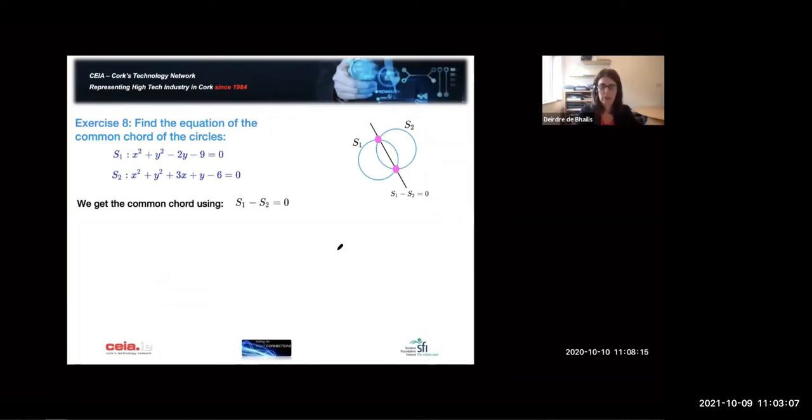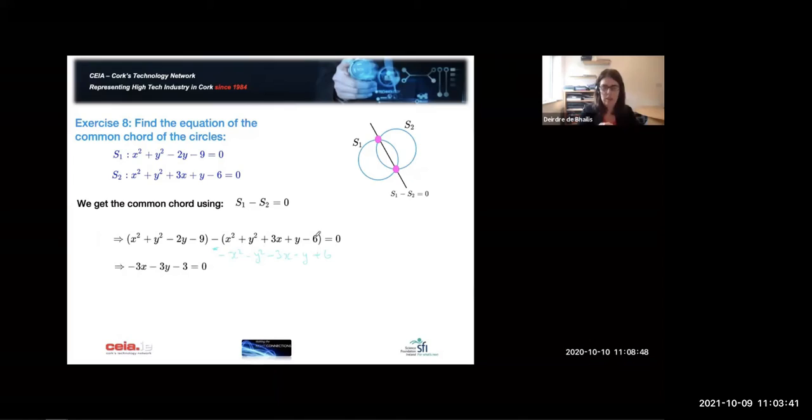So we get the common chord using S1 minus S2 equal to 0. And again, I can't stress enough to be really careful with multiplying through with that minus, because that minus has to multiply through all of these terms. So it's going to give you minus x squared minus y squared minus 3x minus y plus 6 when I remove the brackets there.